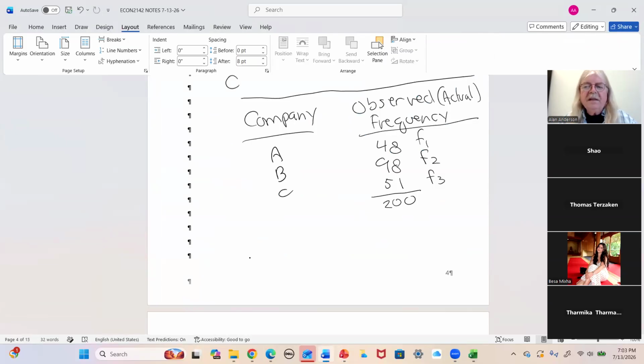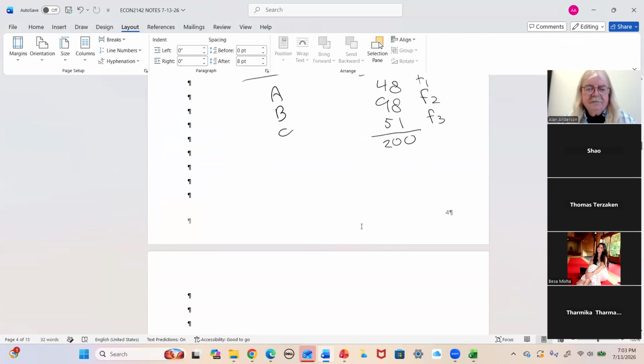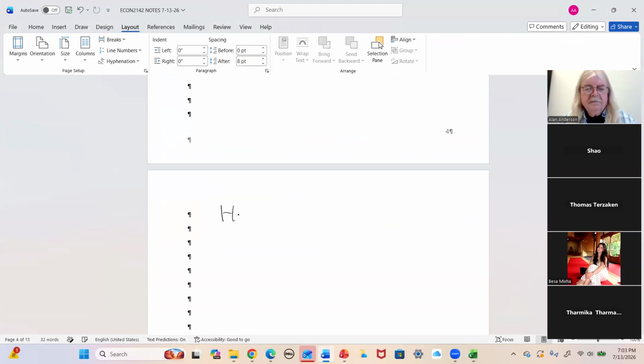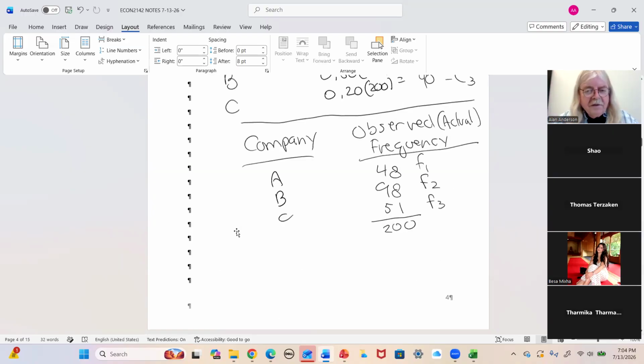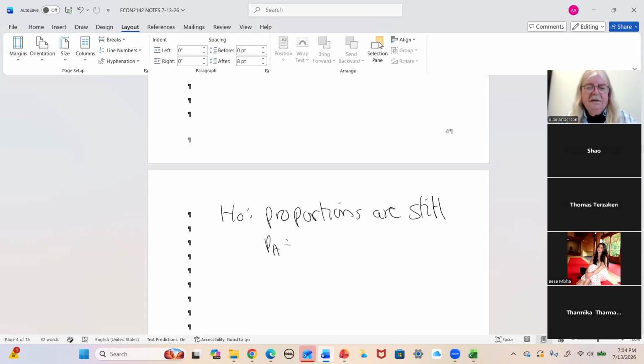So the null would be that they have not changed after the release of the new product, and they were, once again, 30, 50, 20. The alternative is that they are not.